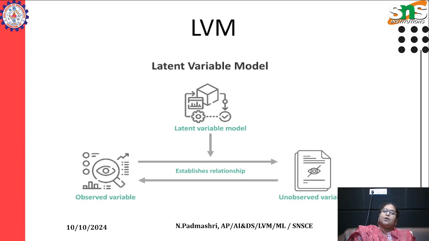These are all the observed variables. The unobserved variable is one that we cannot do anything with, which is also called latent. We cannot see it in the testing phase, during the training phase, or in the output. We cannot see what is happening at the back end, what is happening with the data set that we cannot view. That is called unobserved data.